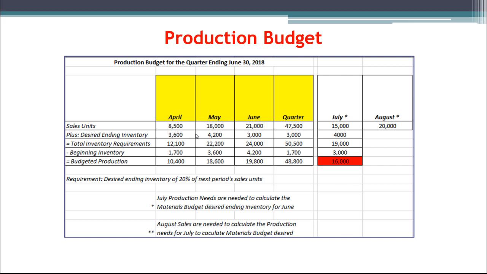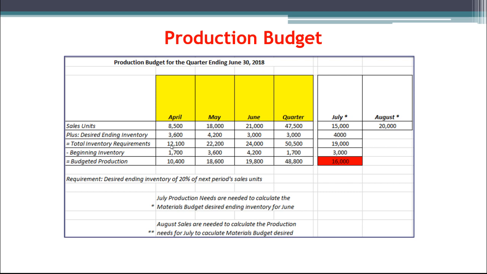So we have a desired ending inventory for April, May, and June. And we can add those up and we'll get the total inventory requirements for each of those months. What we wanted to sell plus what we wanted to have in ending inventory. So for April, for example, it says somehow we need to get 12,100 units.